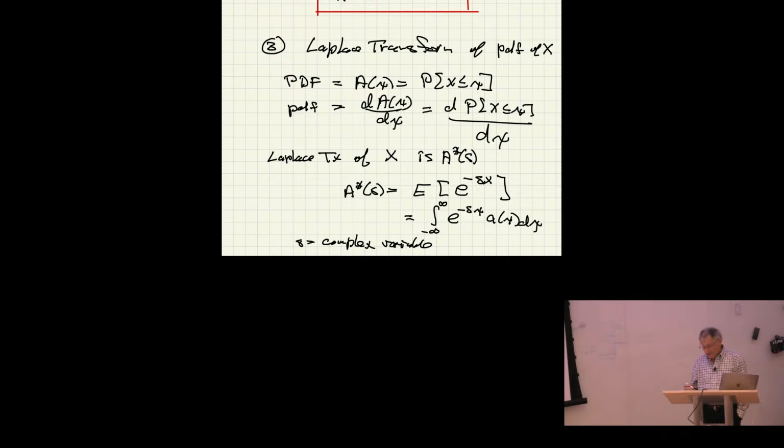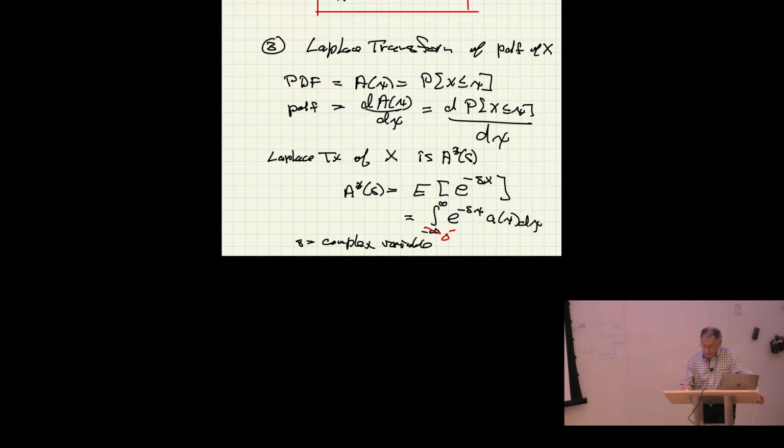But, of course, the inter-arrival time in the application is a non-negative random variable, so this minus infinity can go to 0 minus. I'm using 0 minus to include any possible impulse for a of t at the origin, which it will occasionally be.